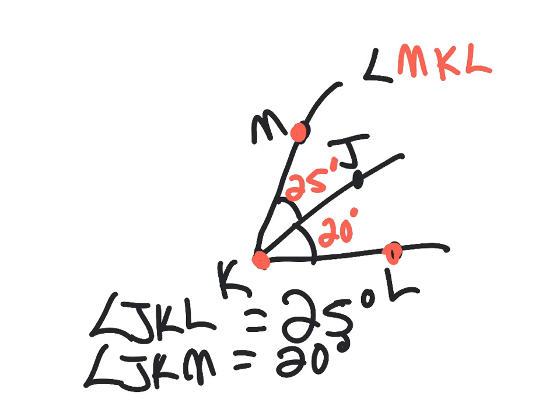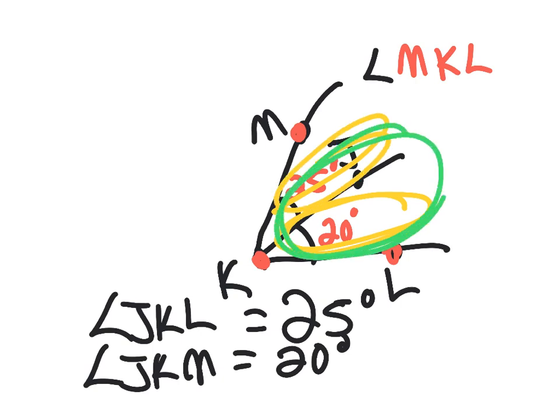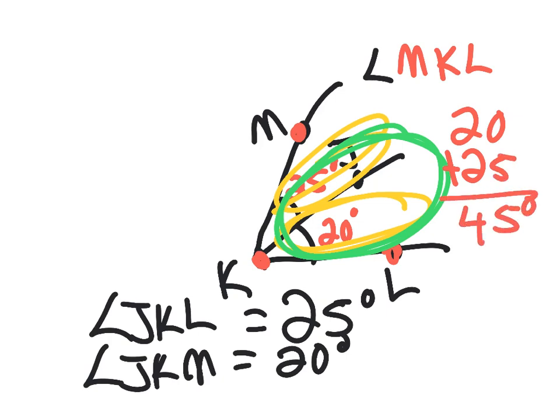When you combine those two angles, we combined this angle here and this angle here to make a brand new angle right here. What is it? We have 20 degrees plus 25 degrees equals 45 degrees. Okay, when you combine two angles to make a new one, that's the easy part of this assignment.